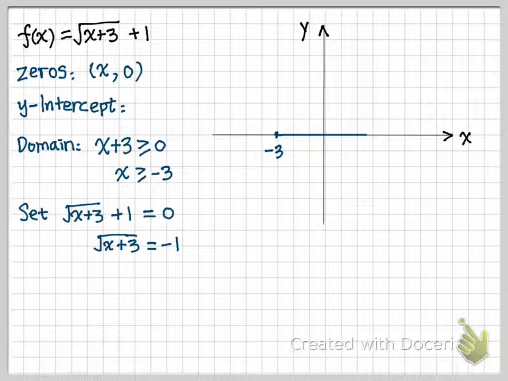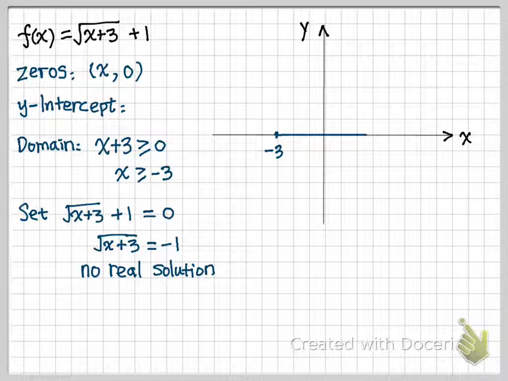Well, a square root equals negative 1? We don't have any real solution, so no real solution. In this case, we will say no zero for this function, or we will say no x-intercept.